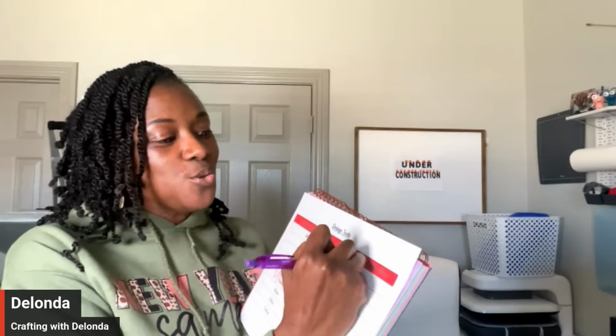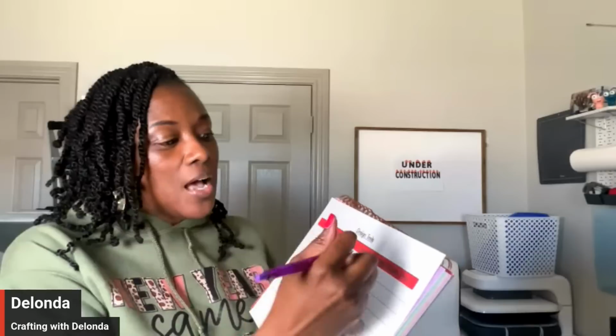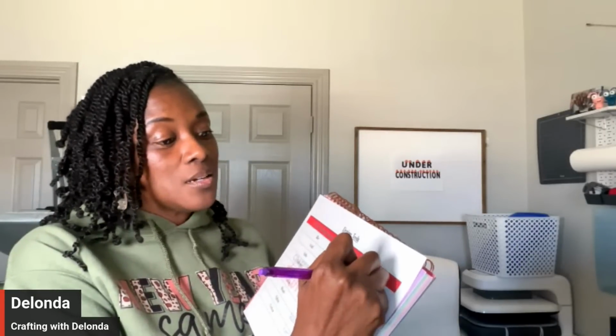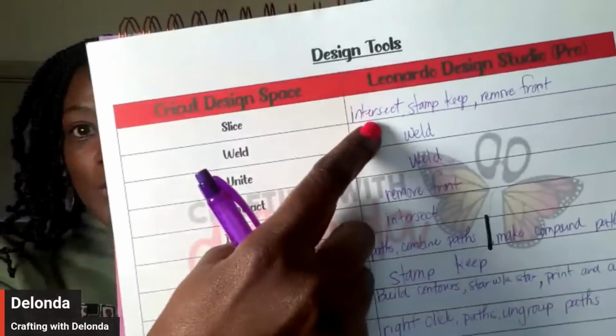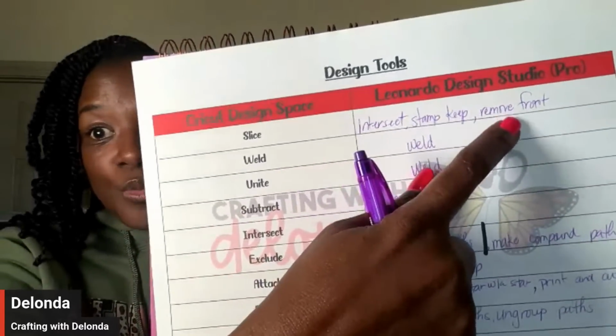And I'll show you how to do that with font because that's really when I use that the most. I would also write remove front because I think it really depends. So I wrote down intersect, I wrote stamp keep, and I also wrote remove front.